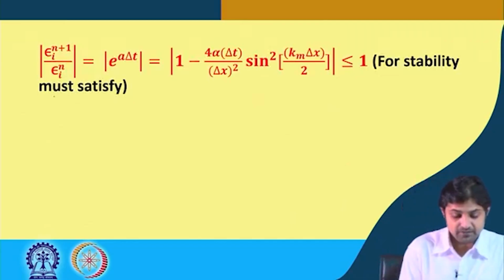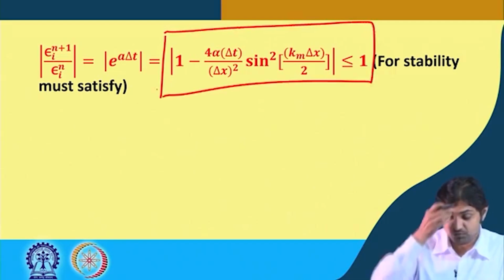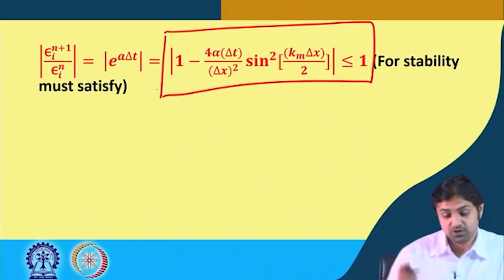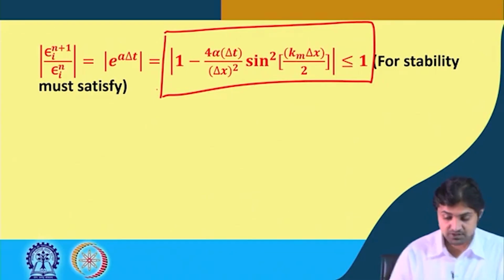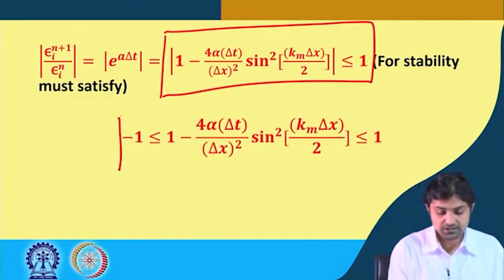So this equation must be satisfied for stability. Mod of 1 minus 4 alpha delta t by delta x square sine square km delta x by 2 must be less than 1.